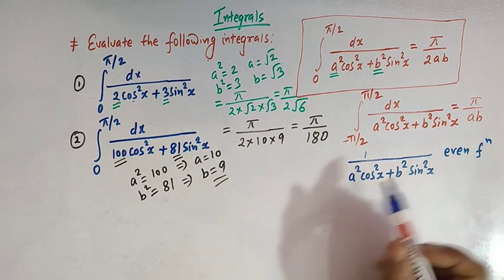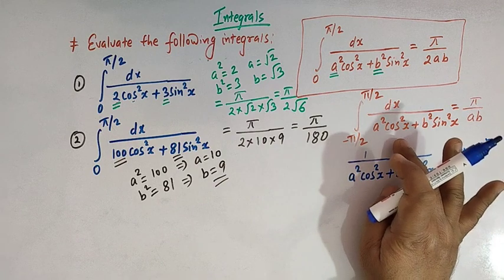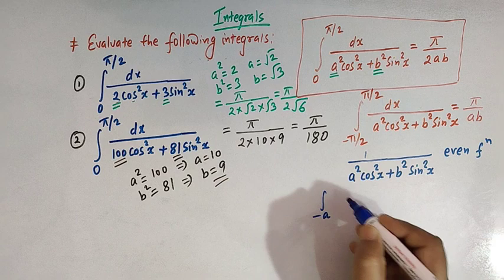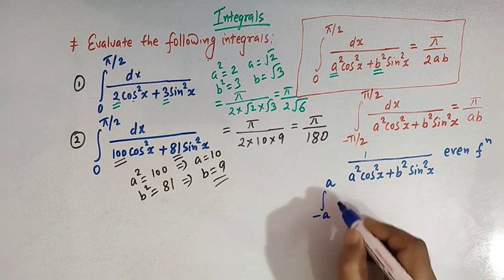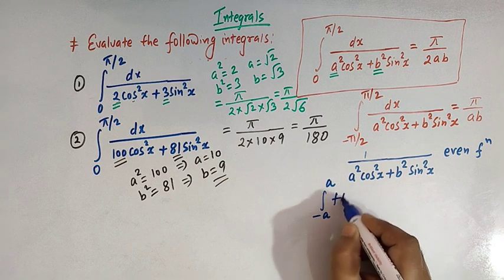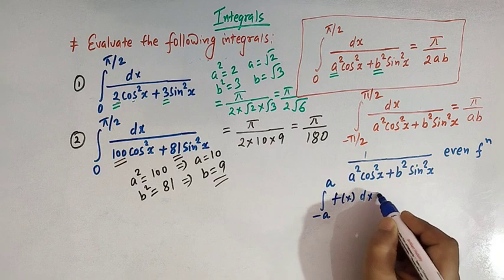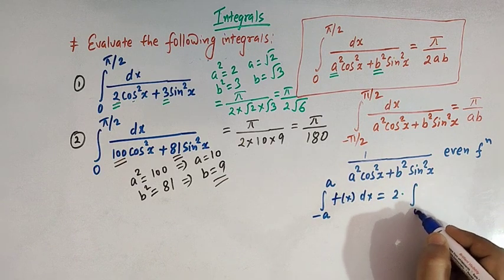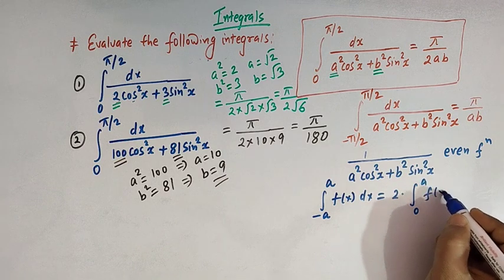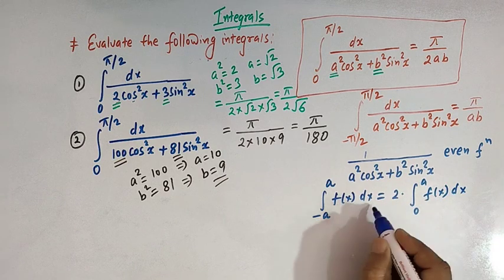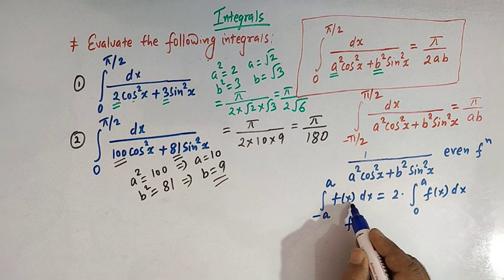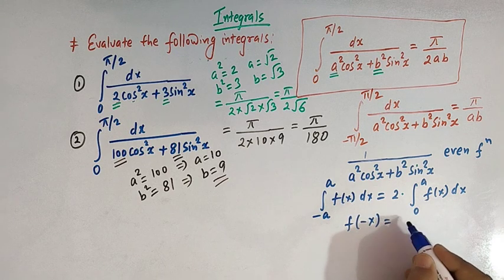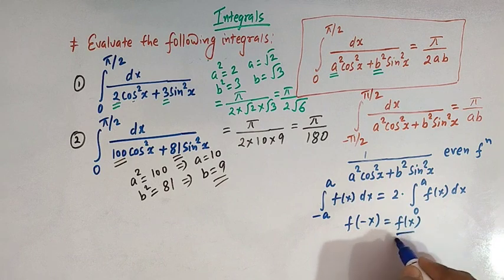And here we have used the property of definite integral, that if we have the integral from minus a to a of f of x dx, then this integral can be written as 2 times the integral from 0 to a of f of x dx, if this function f of x is an even function, that is f of minus x is equal to f of x, right?